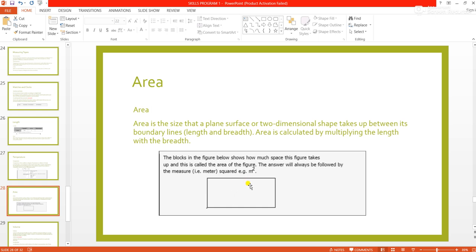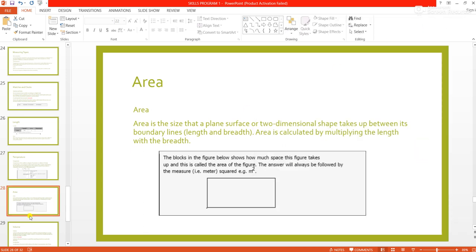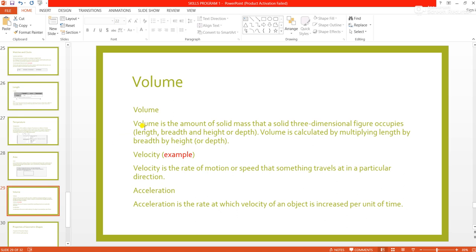The answer will always be followed by the measure squared, so the answer you get when calculating area will always be in meters squared. Okay, let's move on to the next slide.